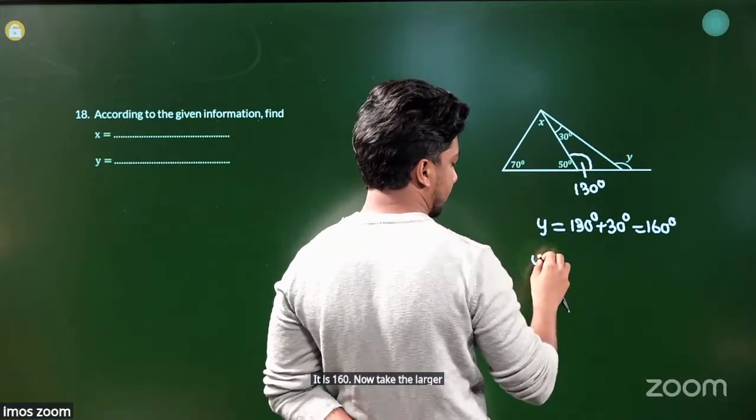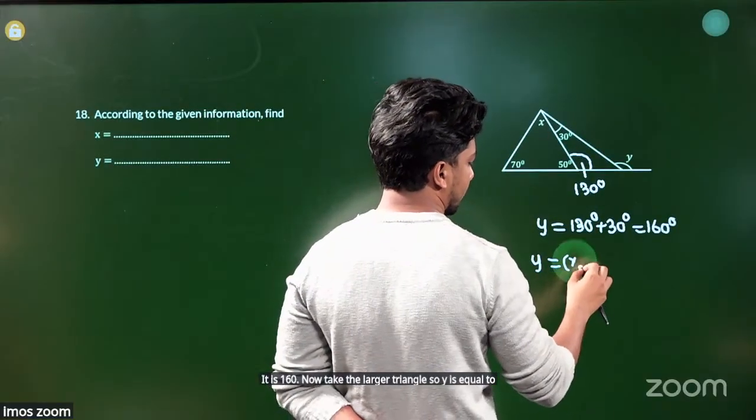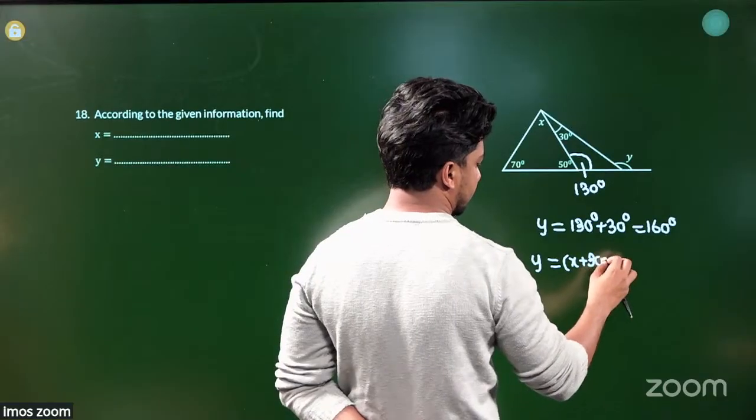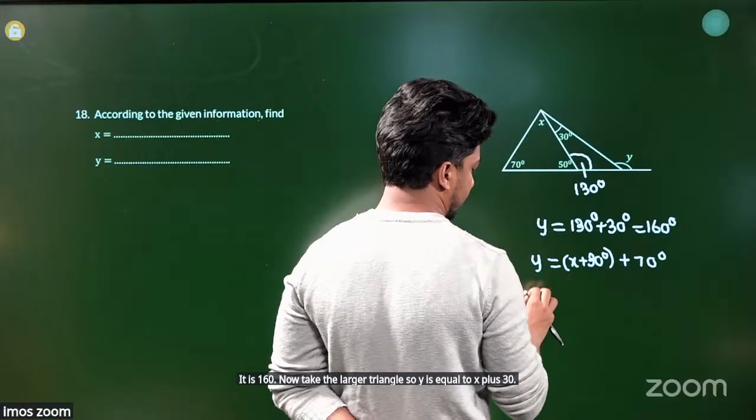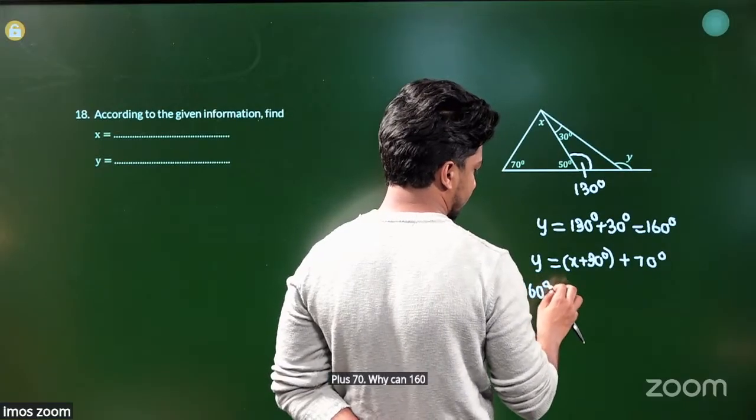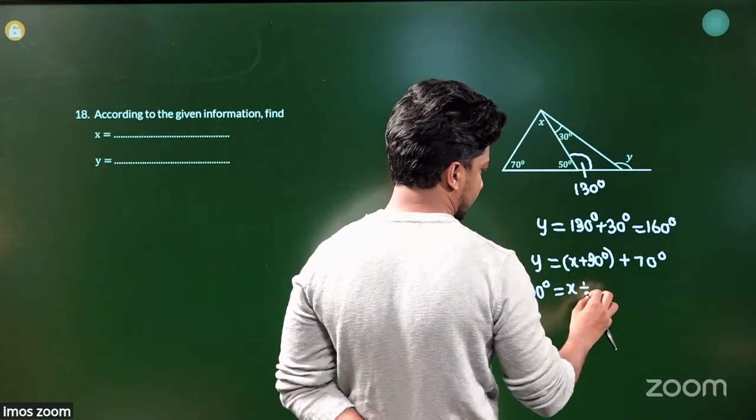So y is equal to x plus 30 plus 70. Y is 160. Remove the brackets.